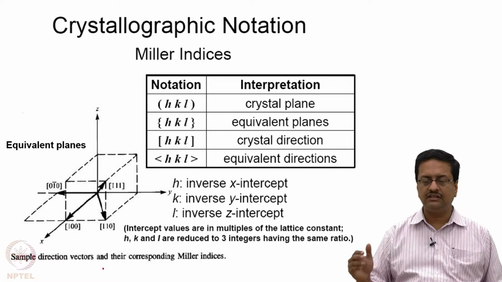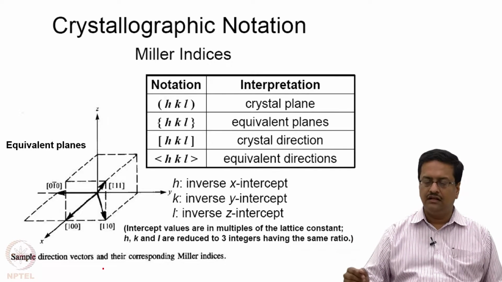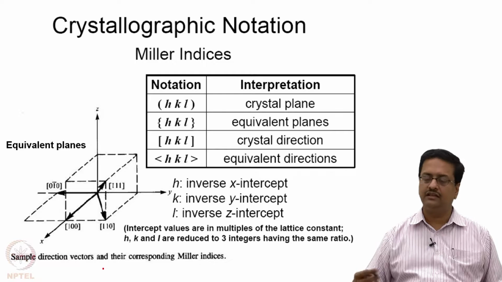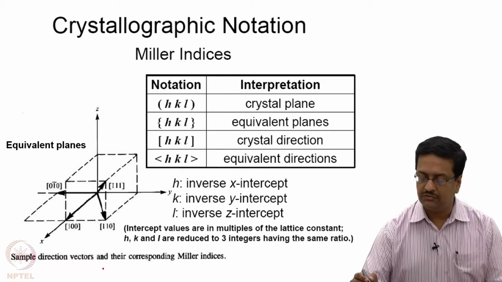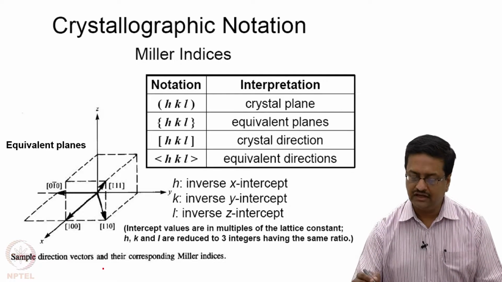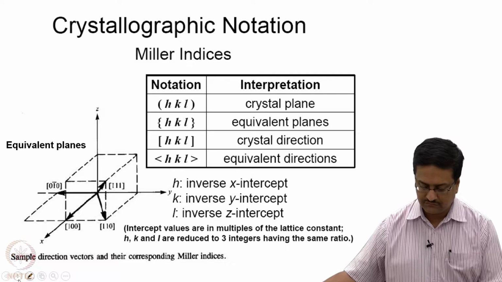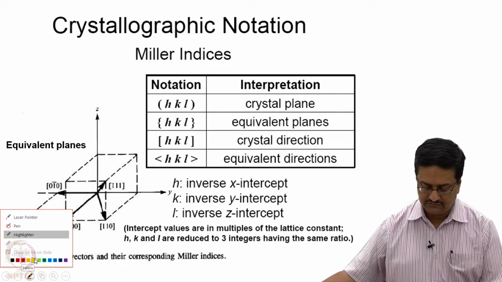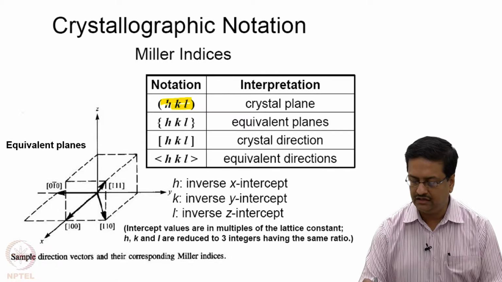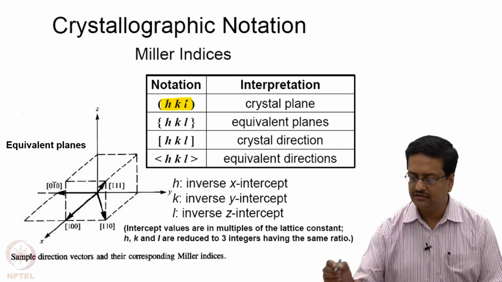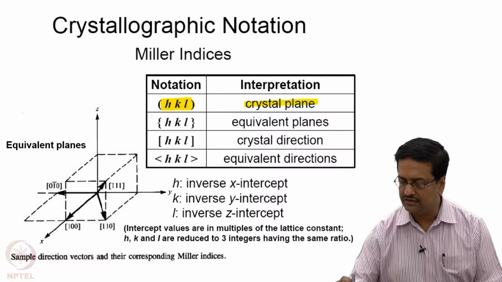So to conclude this section, I am bringing this slide in. When we try to write the Miller indices, when we write it using the first bracket like (HKL) and we do not have any comma, it indicates a crystallographic plane.